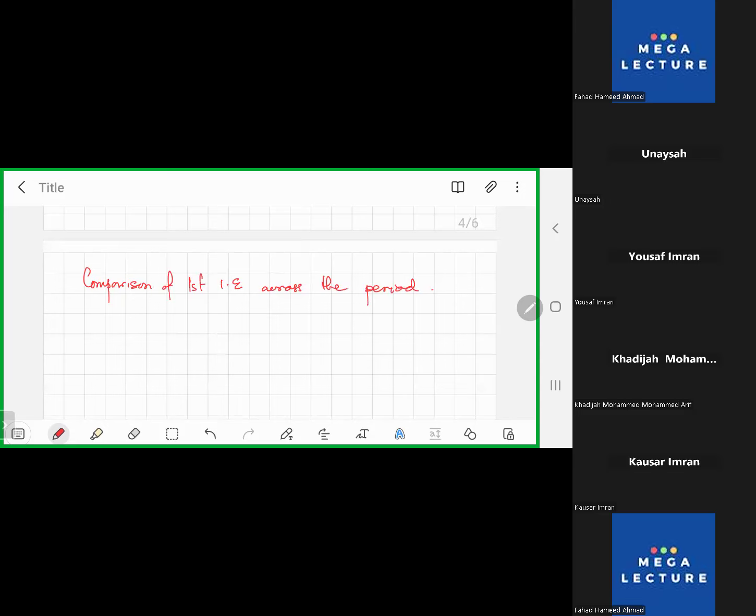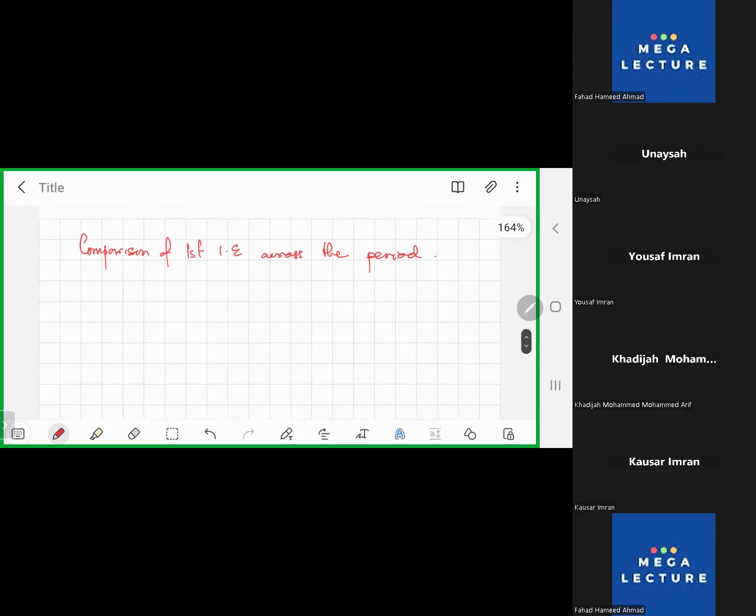So across the period में होता है कि when you're going across the period, और atoms में कुछ draw कर लेता हूँ. So let's say I'm in period 2. So period 2 में I've got lithium, beryllium, boron, carbon, nitrogen, oxygen, fluorine, and then I have neon. ठीक है.